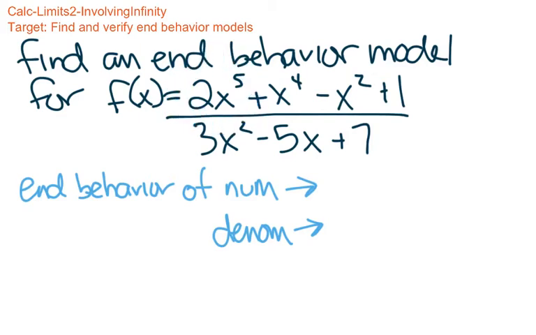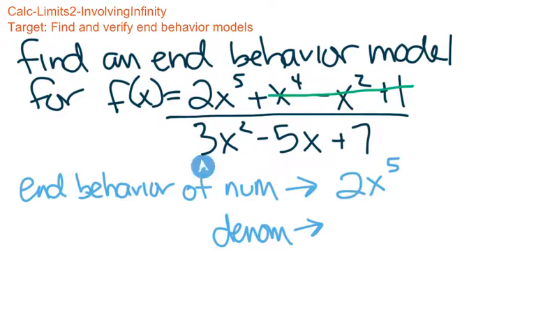In other words, if we were to find an end behavior of that numerator, we would get rid of all of this stuff. So that means our end behavior of the numerator is 2x to the 5th. And we could verify that by taking the limit of the numerator divided by 2x to the 5th, and we would see that it's 1.